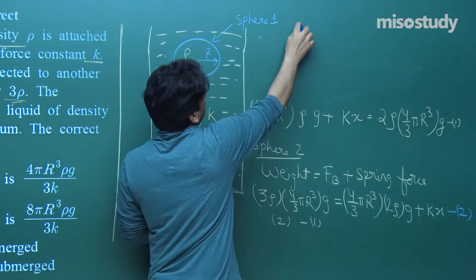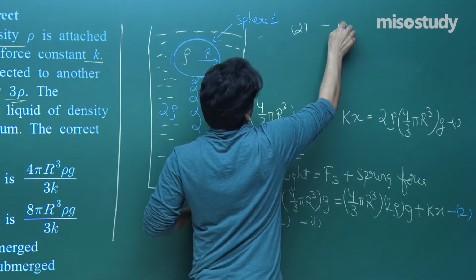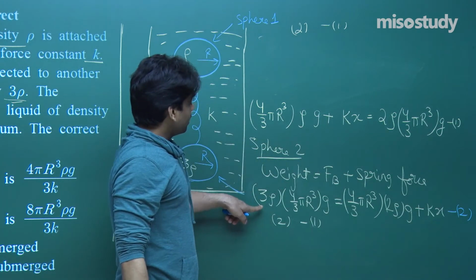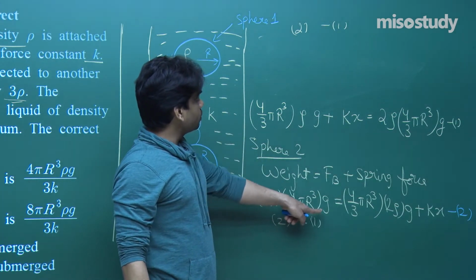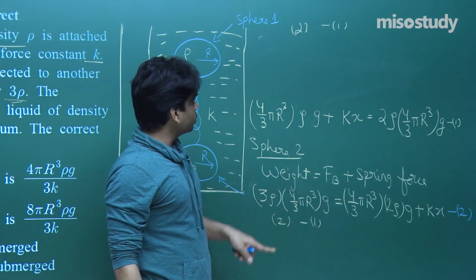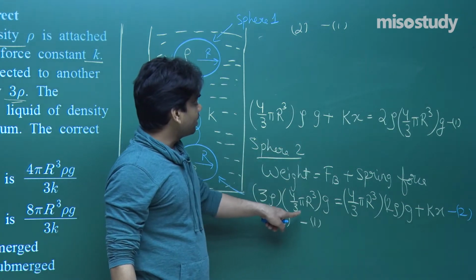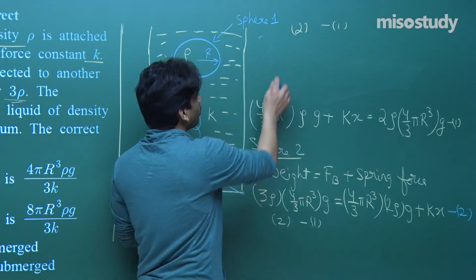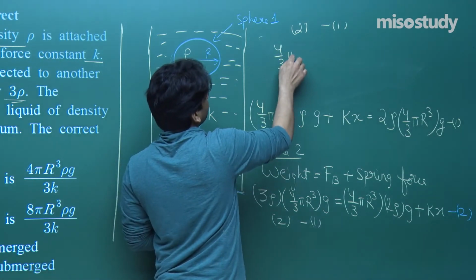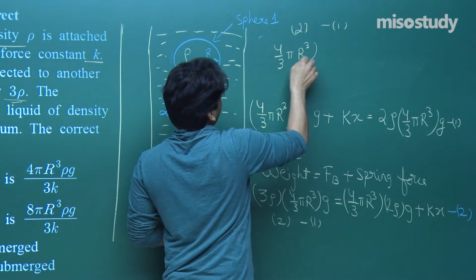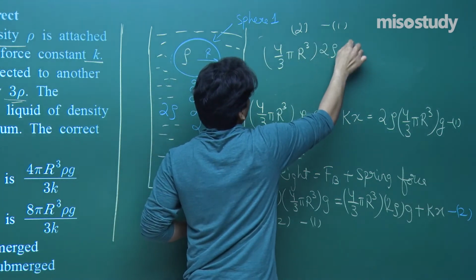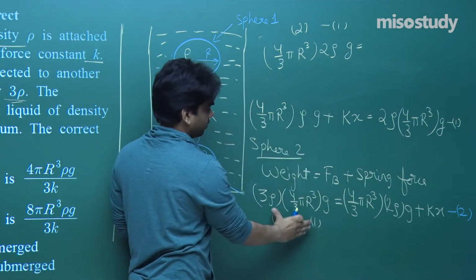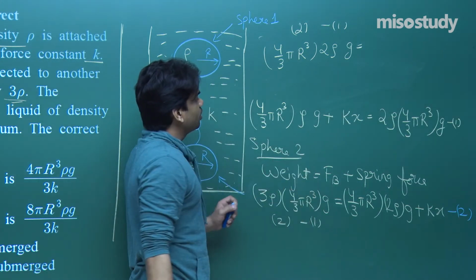Equation number 2 minus equation number 1, we will be obtaining this term 4 by 3 pi r cube g minus 4 by 3 pi r cube rho g, and here you are having 3 rho, and here you are having only rho, so you will be getting 2 rho 4 by 3 pi r cube multiplied with g.